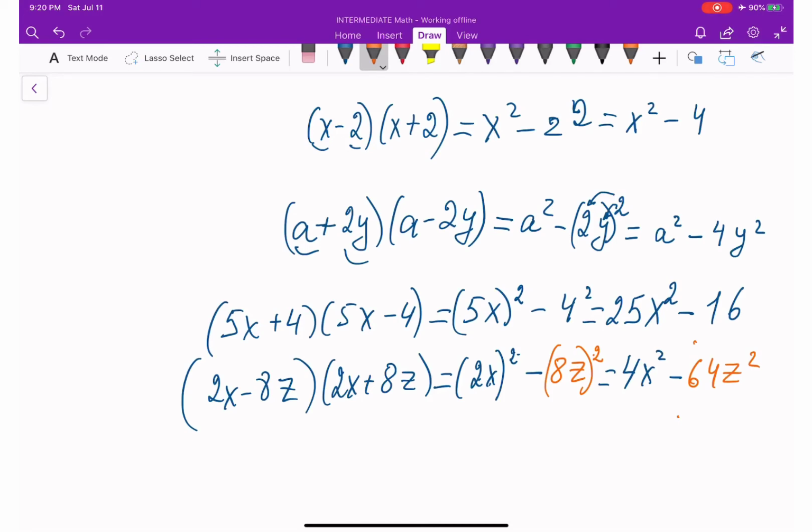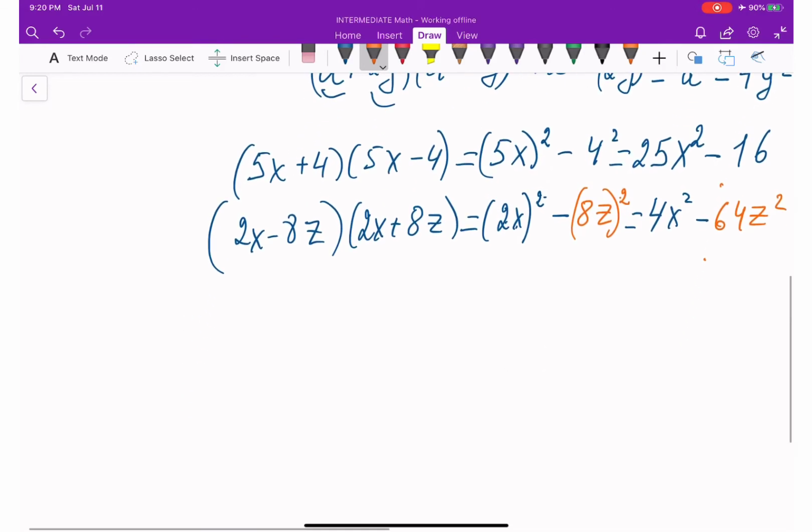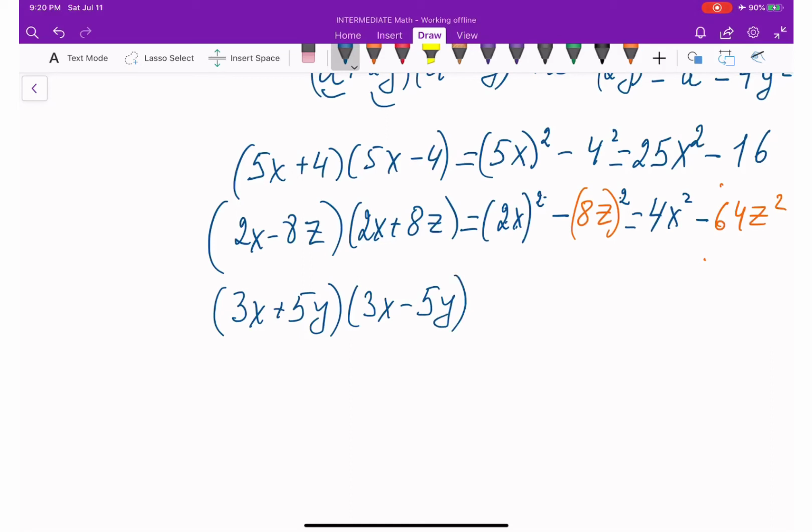Another one. 3x plus 5y, 3x minus 5y is equal to 3x squared minus 5y squared.